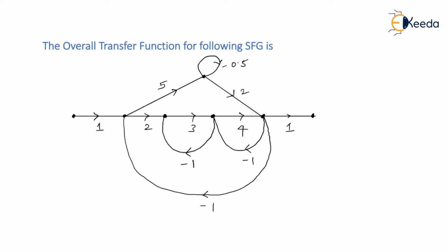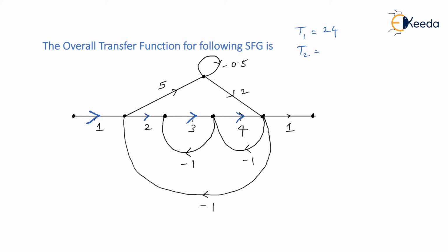So what I'll do over here, I'll first of all note down all the possible forward paths. T1, as you can see, is 1 multiplied by 2 multiplied by 3 multiplied by 4. So after taking the product, you'll understand it is 24. Then look at T2, the second possible forward path.